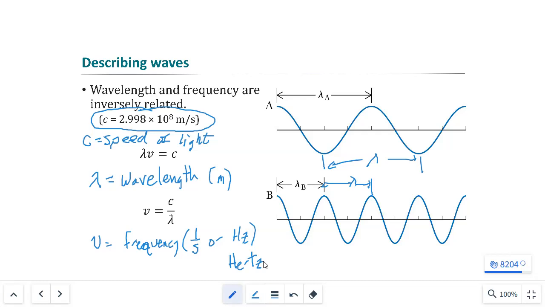And so again, we use those big metric terms to help us define quantity here. So FM signals are usually rated in megahertz, which would be millions of reciprocal seconds. AM signals are usually in kilohertz, thousands of reciprocal seconds.